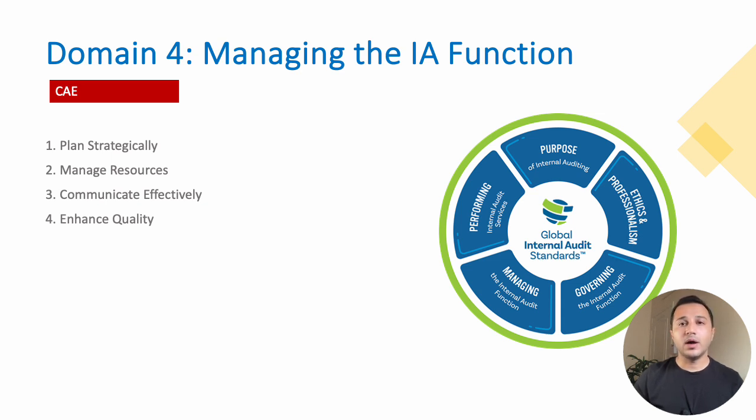Then how he has to manage the resources, which could be human resources, financial resources, or technical capabilities. Then communication with the management and within the team, and the last one is about quality, how he will ensure and enhance the quality. So the quality assurance part, basically the guidelines and everything, is covered under this domain.